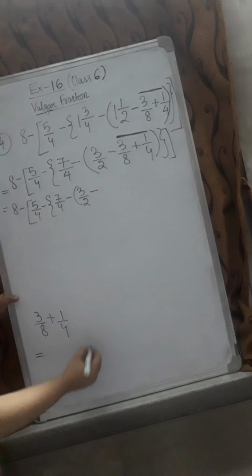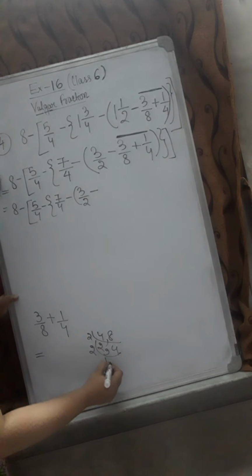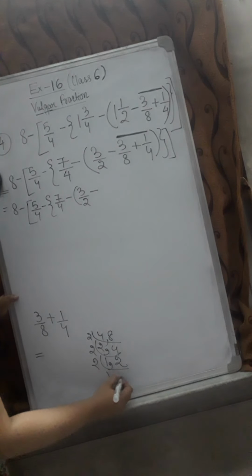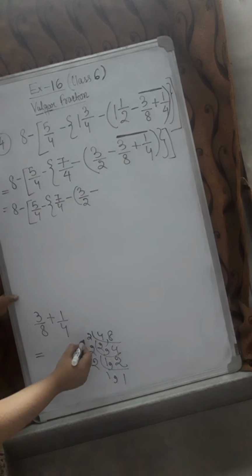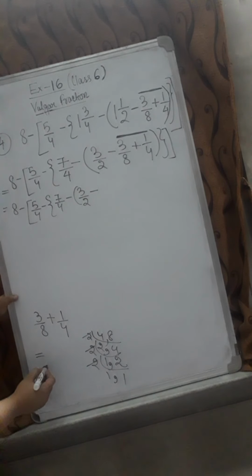What will be the LCM? Find it out, of 4 and 8. 2 2s are 4, 4 2s are 8. So the LCM will be 2 into 2 into 2, that is 8.